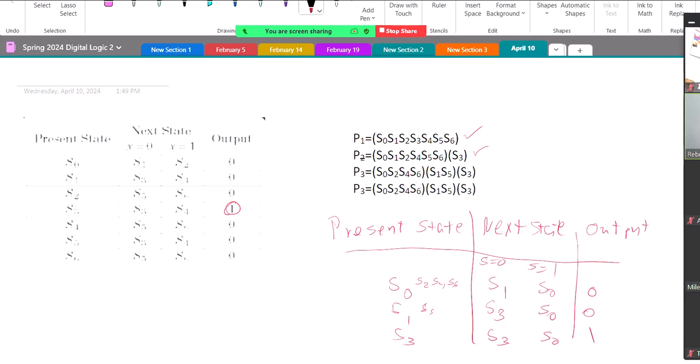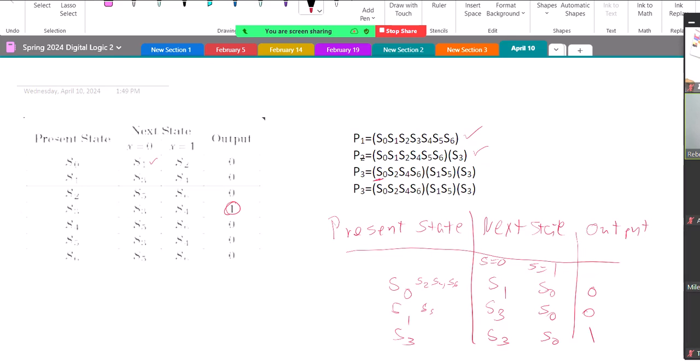And now we're going to divide this up based on the 0 successors. If I look at S0, its 0 successor is S1, which is in the same group. And when I look at S1, its 0 successor is S3, which is in a different group.